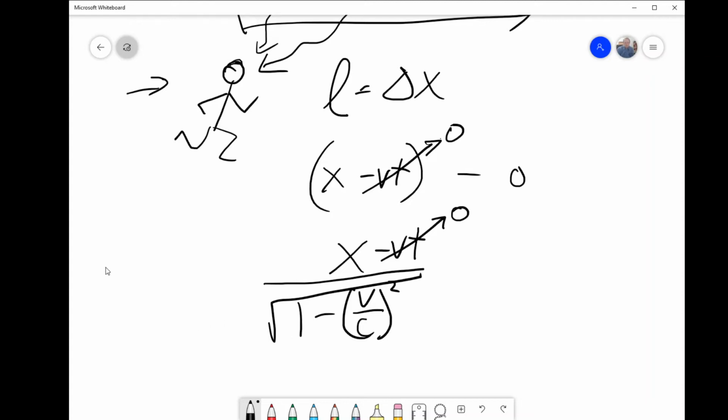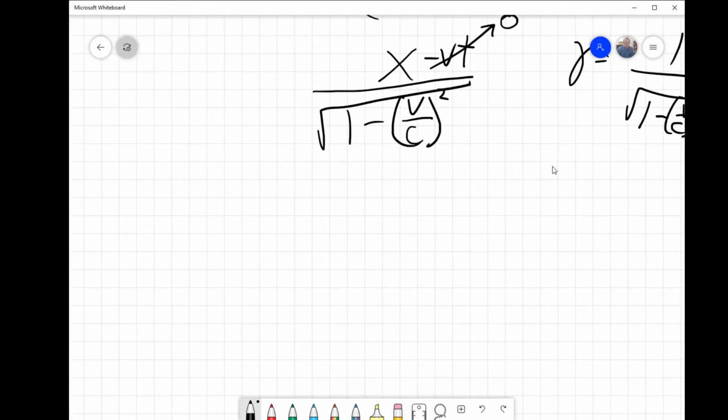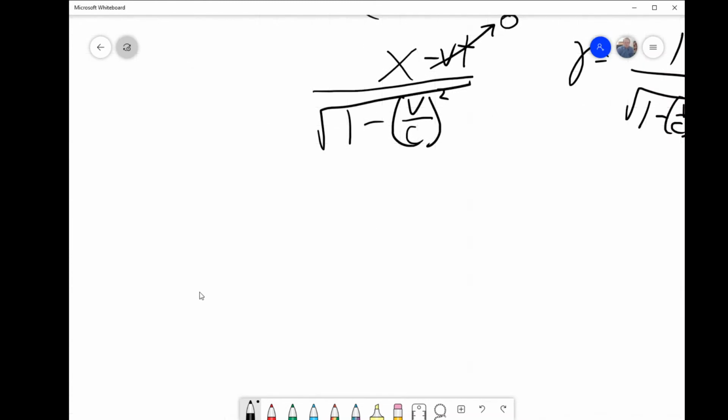We have this function that is so common, it actually gets the symbol gamma, for 1 over the square root of 1 minus v over c squared. Now, if you graph this in your calculator with v as the x-coordinate, you will notice that this actually changes the length of the rod.